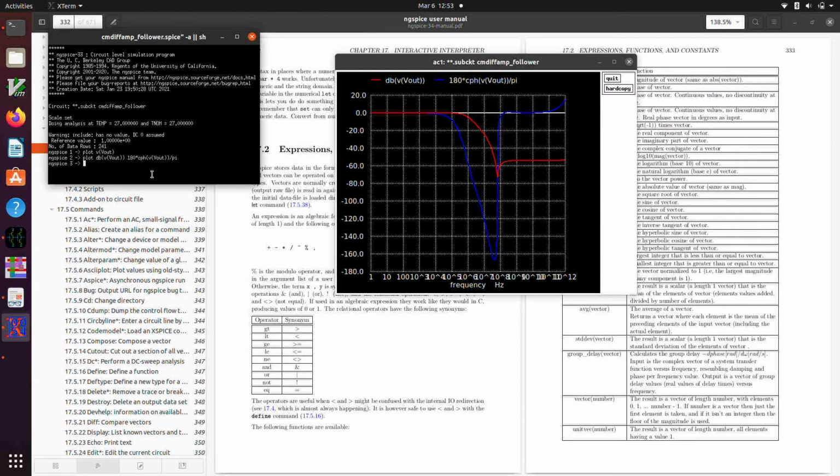If we like, we can also export the data like we did with the voltage transfer characteristics to a text file with the wrdata command. So if we set wr_vecnames, and set wr_singlescale, this is the one I couldn't remember at the end of last time, single scale.